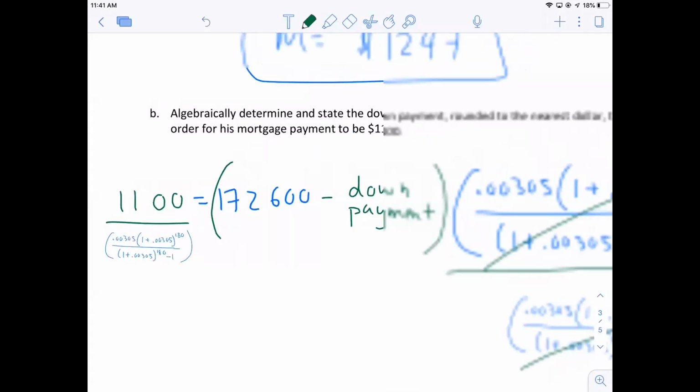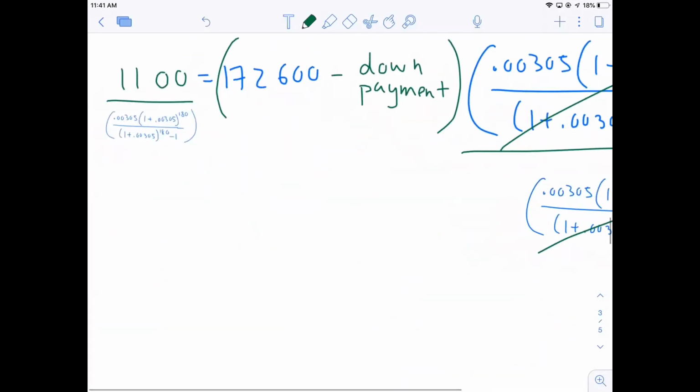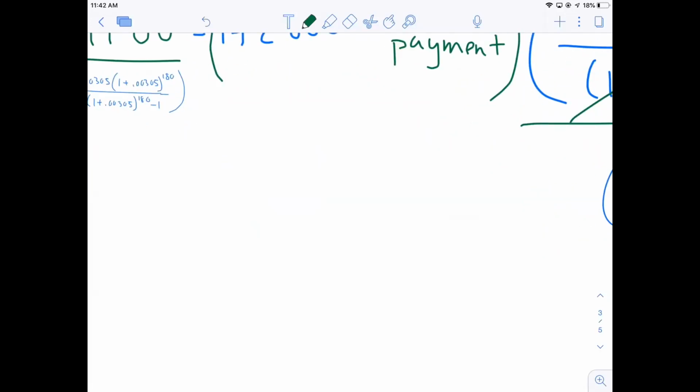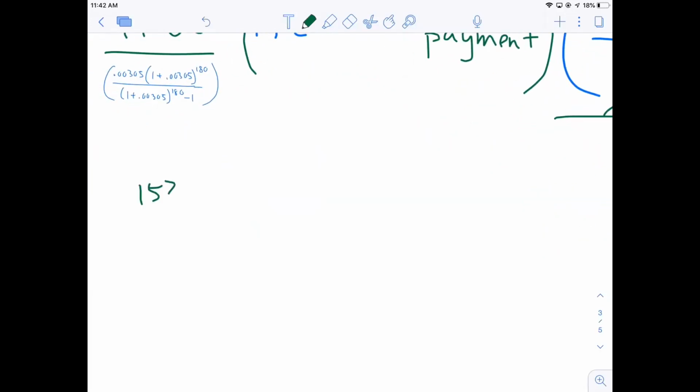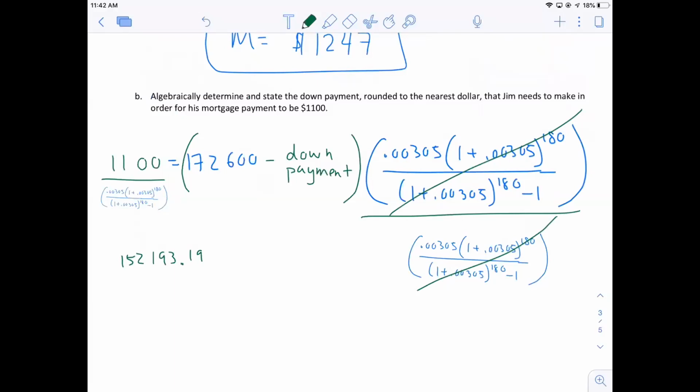So if you typed it in for part A, you can use that to help you with part B here. So what was that equal to? 152,193.19 should be good enough, and that's because we're rounding to the nearest dollar.